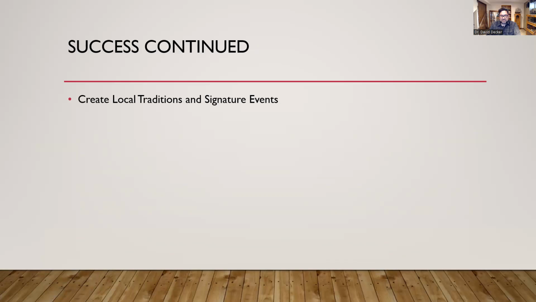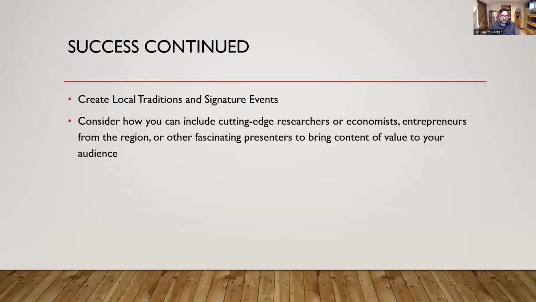Those things are much more successful than trying to just do one-off visits. One-off visits are going to occur where you're going to need to see people, but being able to drive them to where they can network themselves within their own communities is very helpful. Consider how you can include cutting-edge researchers or economists, entrepreneurs from the region, or other fascinating presenters to bring content or value to your audience.